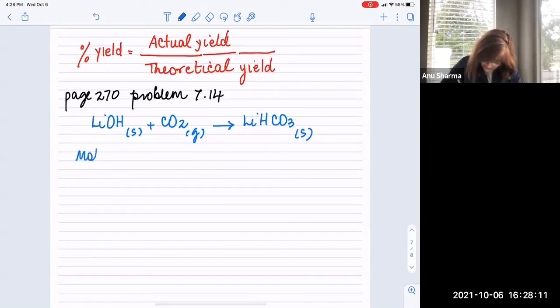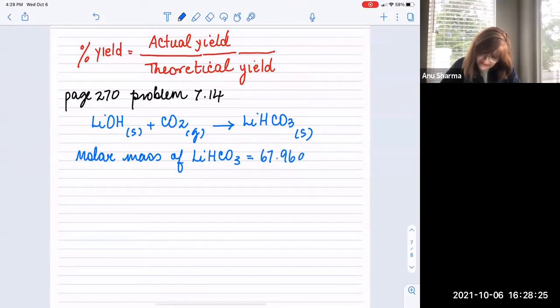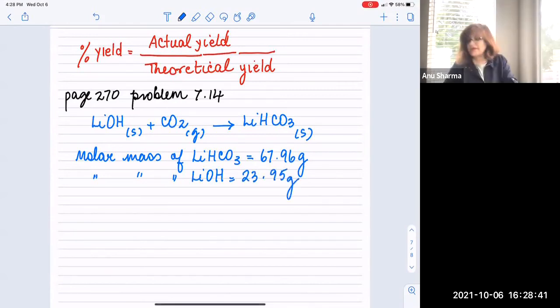The molar mass of lithium bicarbonate, LiHCO3, is equal to 67.96 grams, and the molar mass of lithium hydroxide is equal to 23.95 grams.